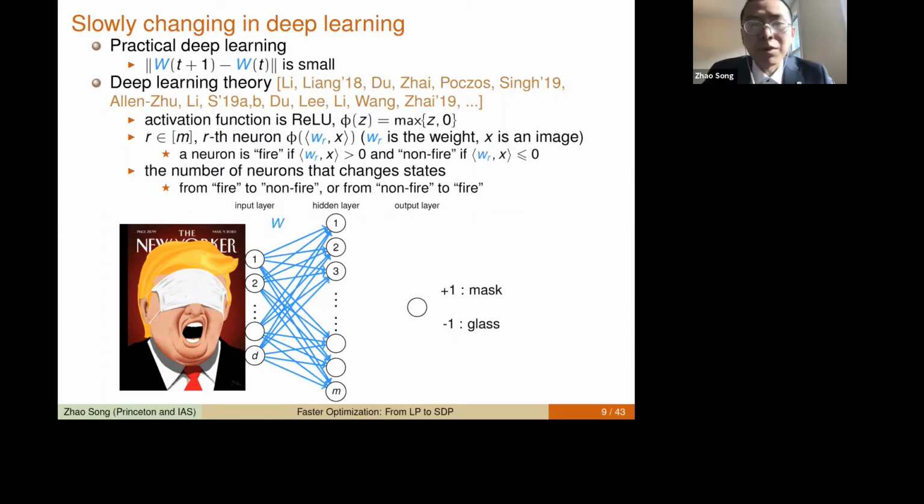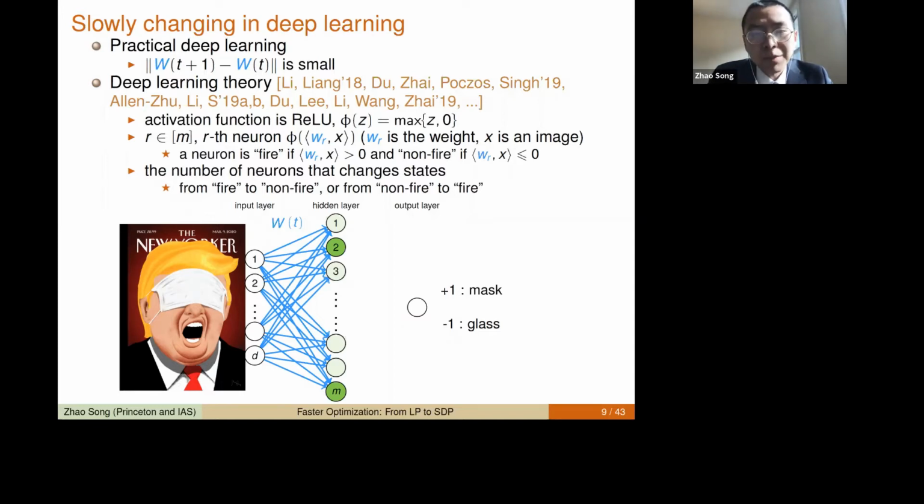Here is a concrete example. Let me draw all the connections between the input layer and the hidden layer. Suppose I'm at time step t, and the weights between the input layer and the hidden layer are called W_t. I use the light color to denote a neuron that is non-fire, and the dark green color to denote a neuron that is fire.